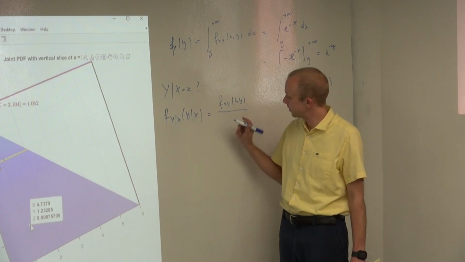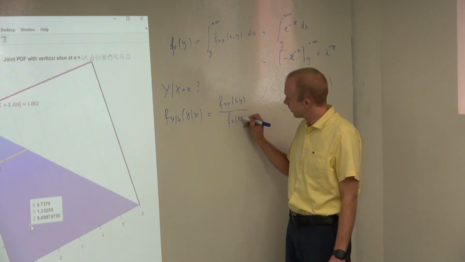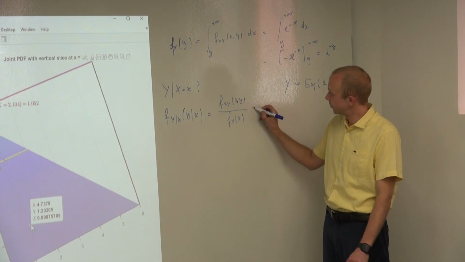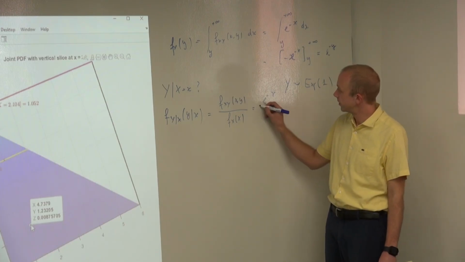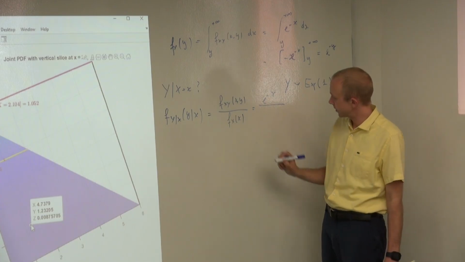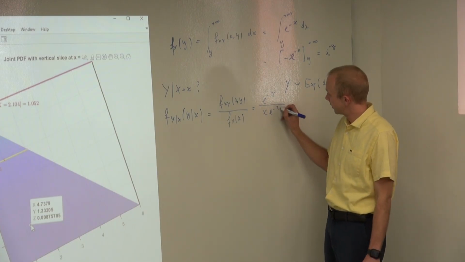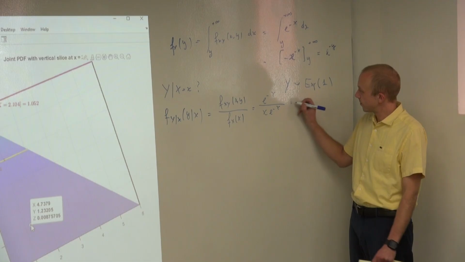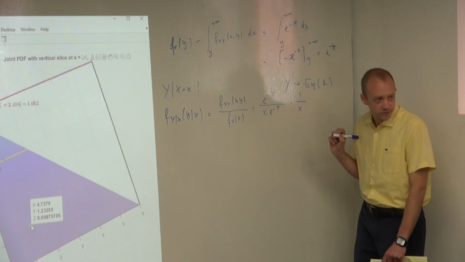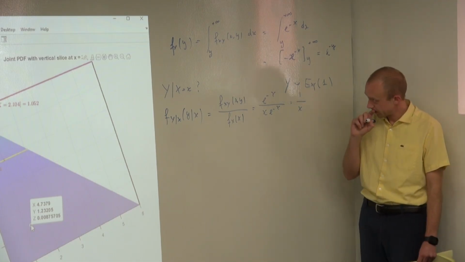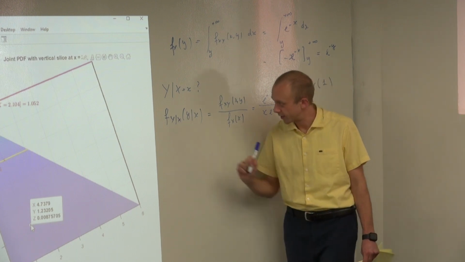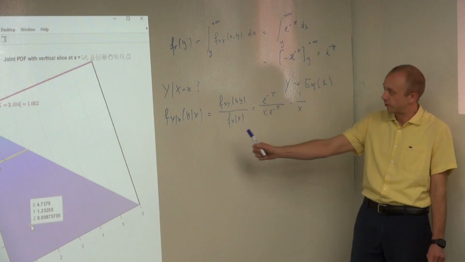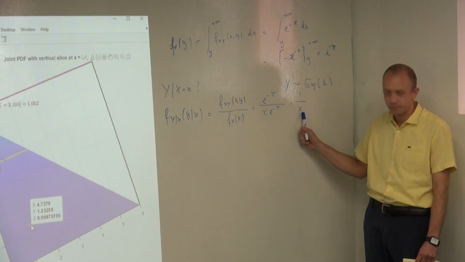Divided by this, no? The joint is e minus x. The margin of x is that gamma thing. See? So, 1 over x. Make sense?